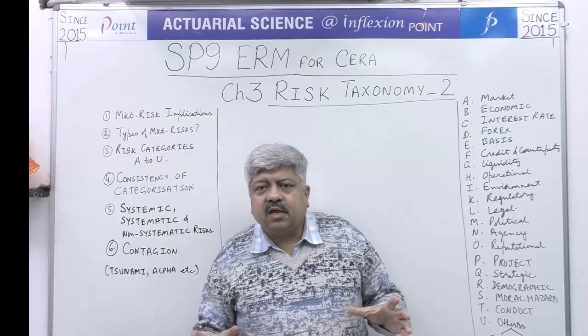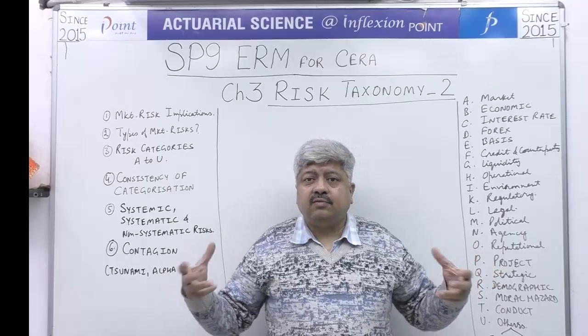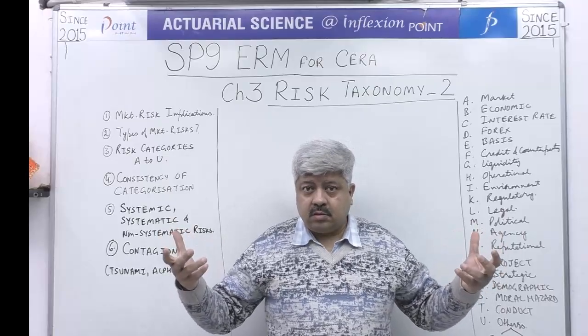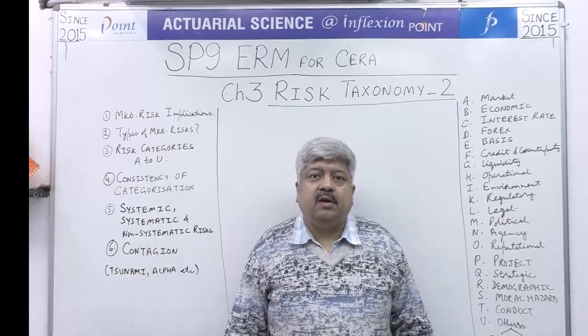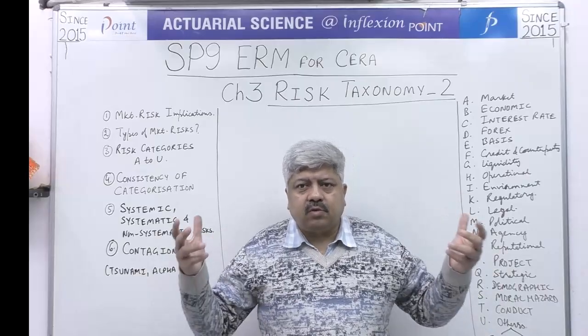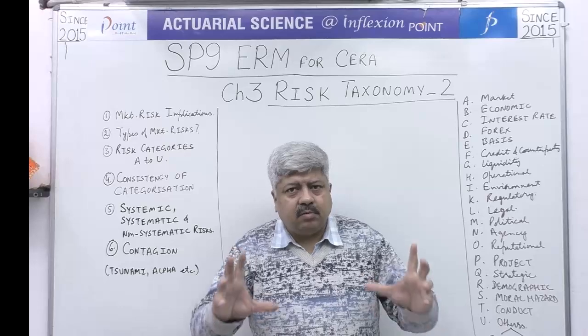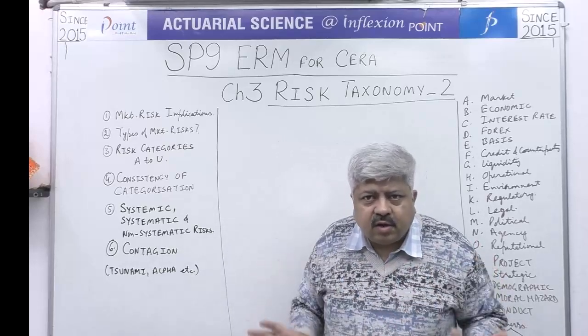So it is a kind of swagger. It is a kind of arrogance, or to put it mildly, overconfidence in your abilities, that you can take risk and manage that risk and make money out of that. None of that swagger is visible now.